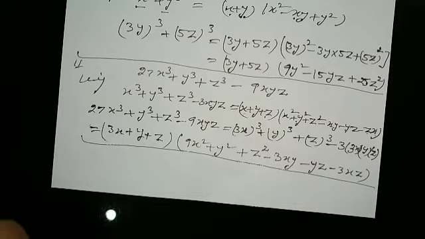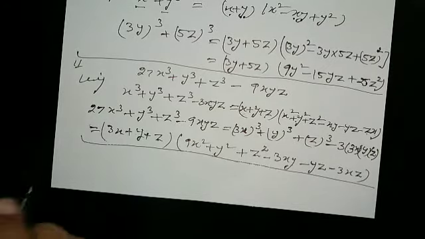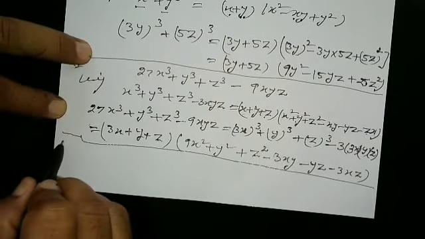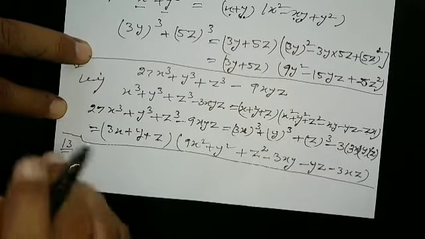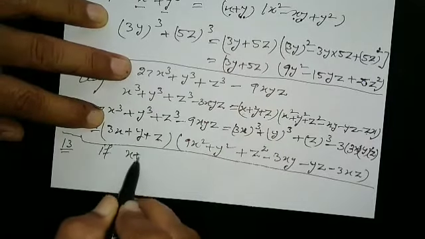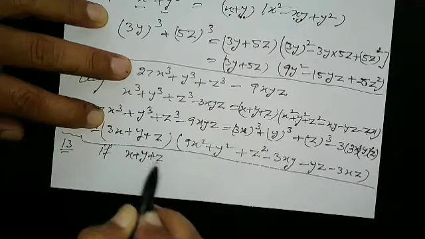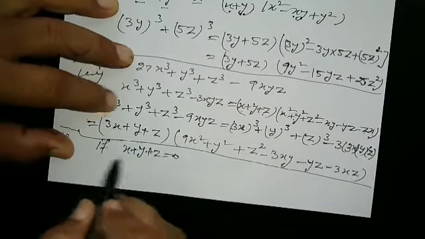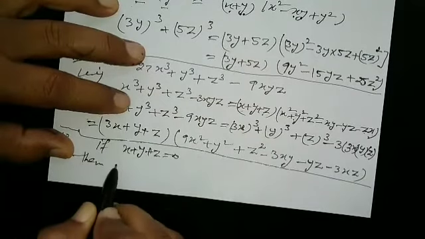Now first we will complete here 13th question. So if x plus y plus z equals 0, then what would happen?